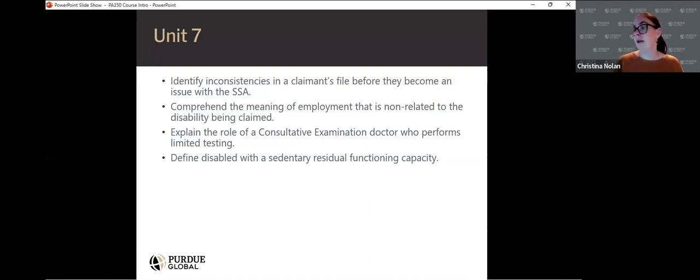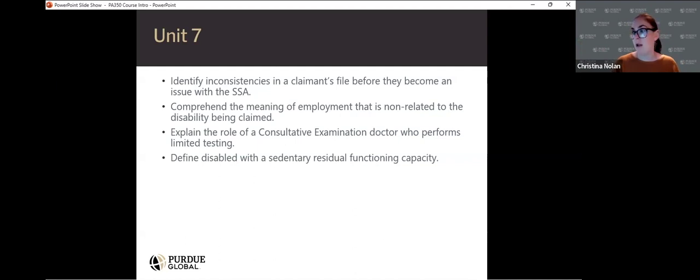We're going to look at employment that is non-related to the disability that may be claimed. So maybe somebody has another job and they can do that job. You're not claiming that they are disabled from that job, and what kind of role does that have in the overall claim? Also, the consultative examination doctor performs limited testing.